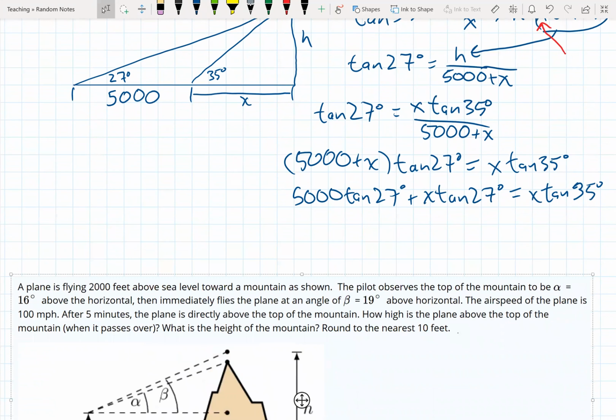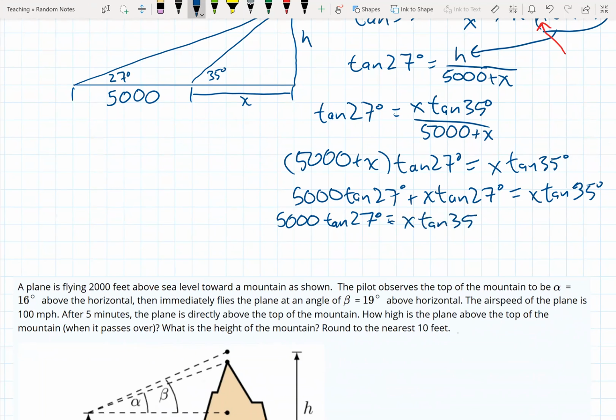All right, now when you're solving an equation, this is a linear equation. I need all my x's on the same side and all my terms without x on the other side. So I'm going to subtract x tangent of 27. So I'll have 5,000 tangent of 27 degrees equals x times the tangent of 35 degrees minus x times the tangent of 27 degrees.